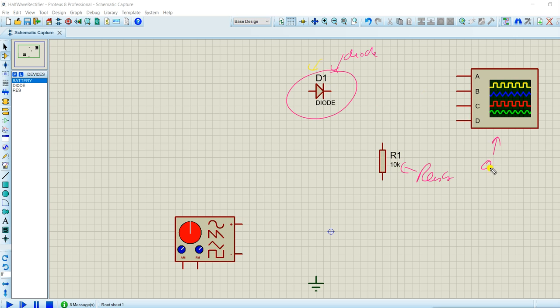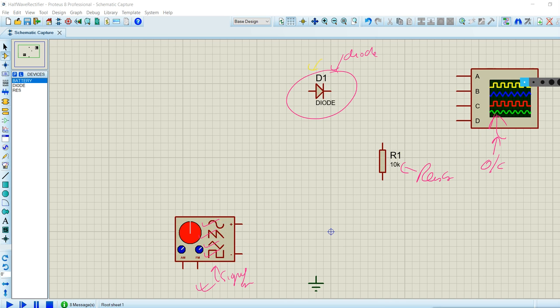This is the oscilloscope, and this is our signal generator. So from here we will generate our signals. We can generate various signals like sine, cosine, or ramp, or we can generate a triangular wave or a square wave. So we will generate all these signals one by one, and we will see the output in this oscilloscope.